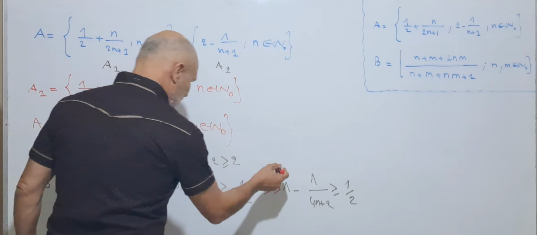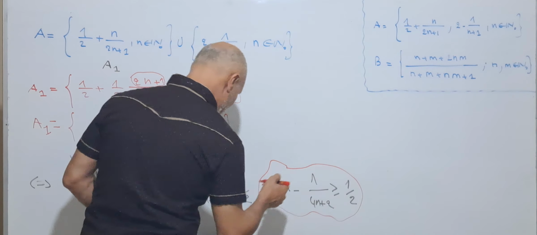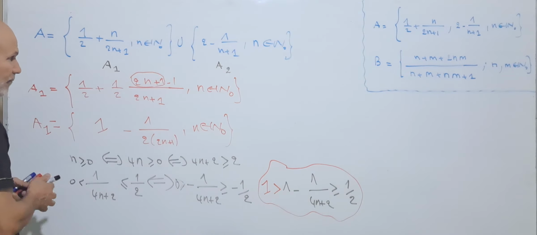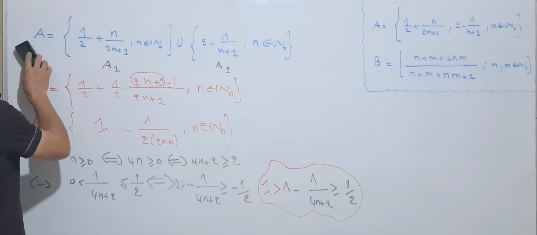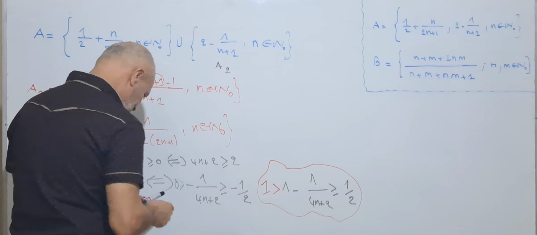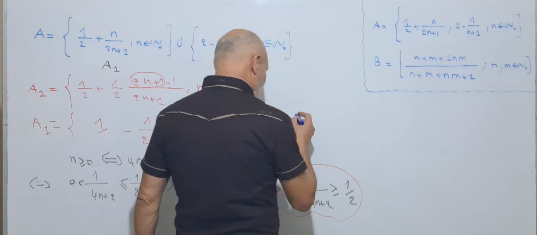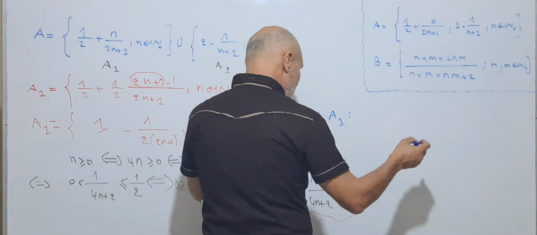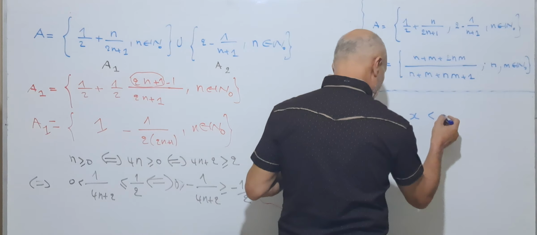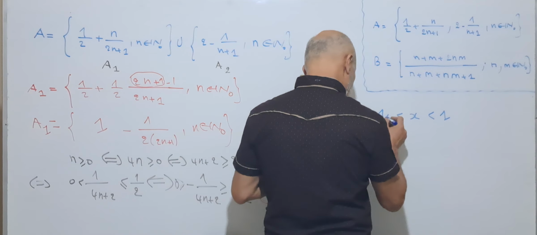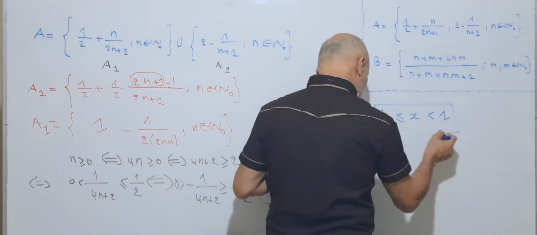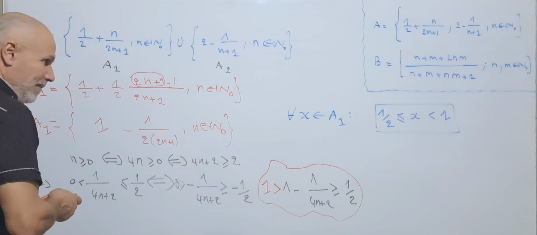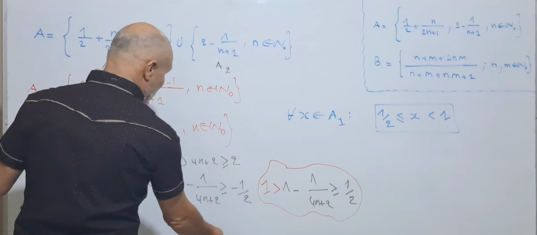This result allows us to say that for any element x from A1, x is less than 1 and greater than or equal to 1/2. This means that A1 is bounded above and below.